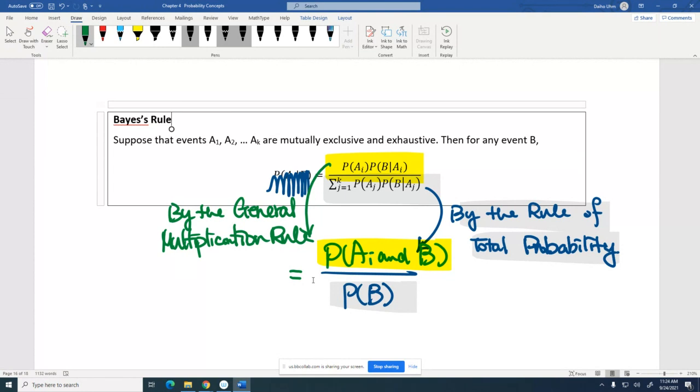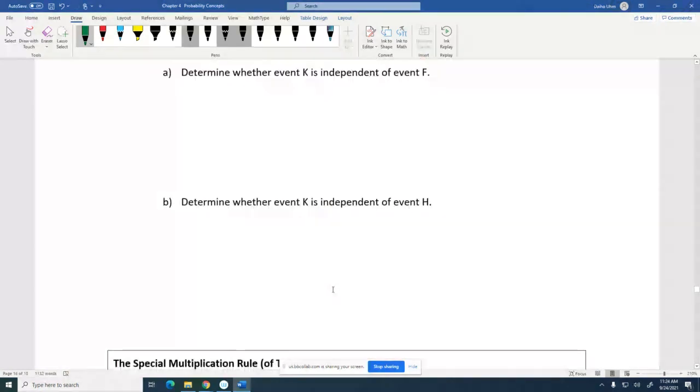Have you ever seen that before? The joint probability of A and B over the marginal probability of B. Please remember the conditional probability. Let me go up again. Conditional probability.